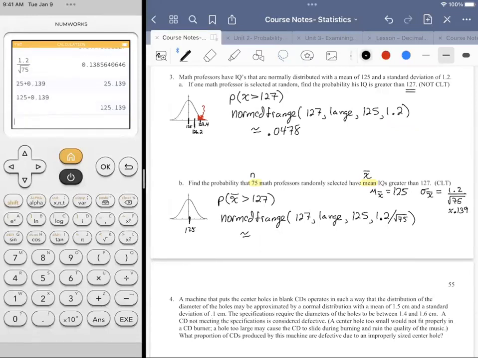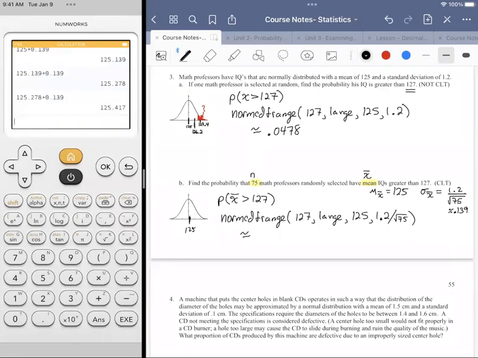Then if I want to increment it by another 0.139, 125.278, maybe another 0.139. We're not getting anywhere near that 127 anytime soon.